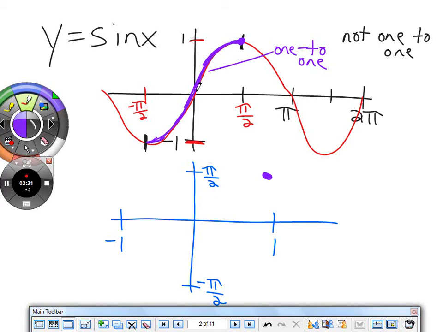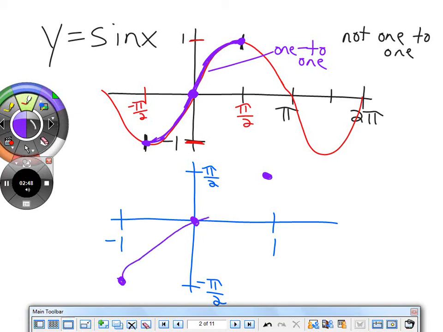Then this spot was 0, 0, and because we switched the coordinates, it still is 0, 0. This spot right here is negative pi halves, -1, so we switch that to -1, negative pi halves, down here. When we switch a bunch of the other points, we get a rough sketch. It looks something like this, very roughly.